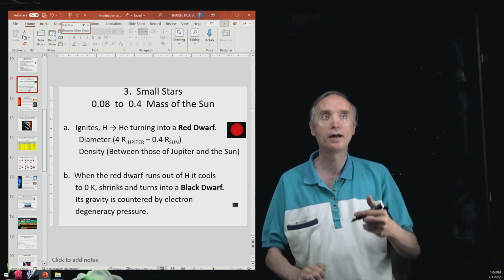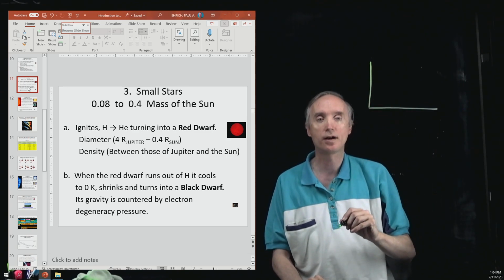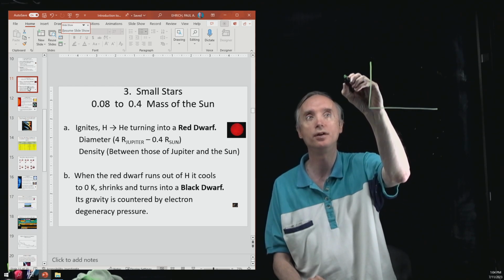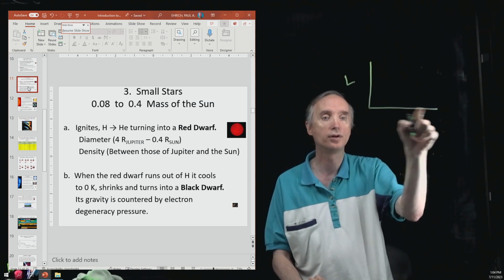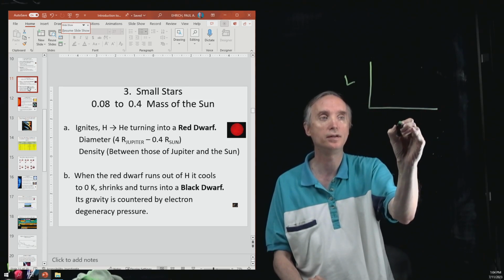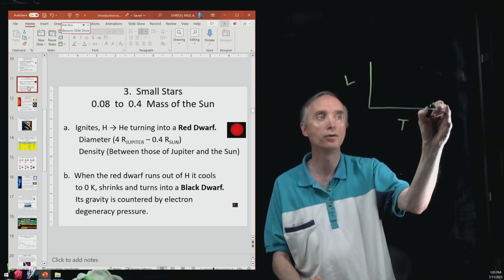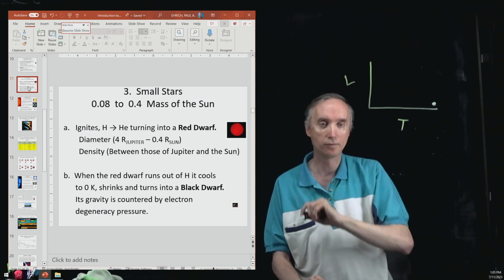So if we go back to the HR diagram, and the HR diagram had the brightness of the star over here, so that was its luminosity, and then over here going sideways was the temperature, and then down here in the corner was going to be stars that were the color red. So that's going to be the red dwarfs.